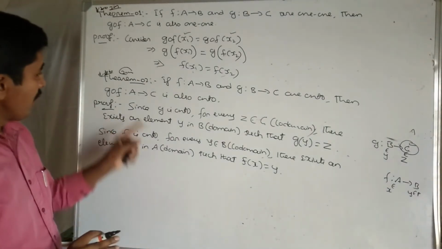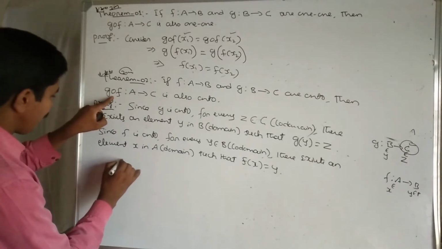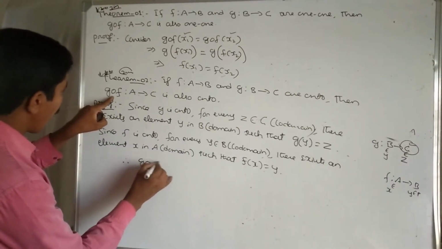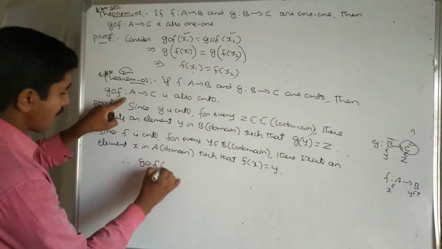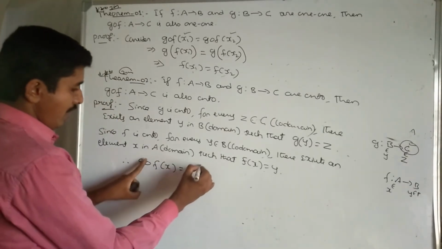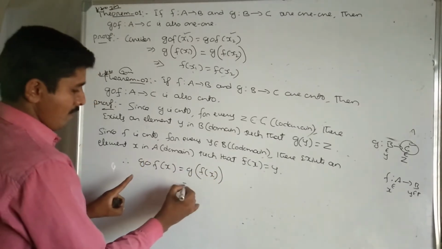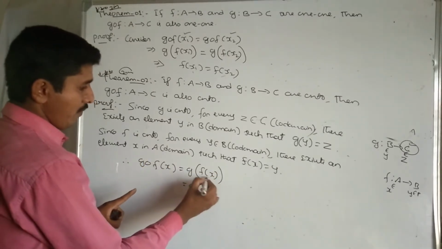Next, to prove that g∘f is also onto, I am taking its domain element x. It is defined as g of f of x. Substitute f of x value y.